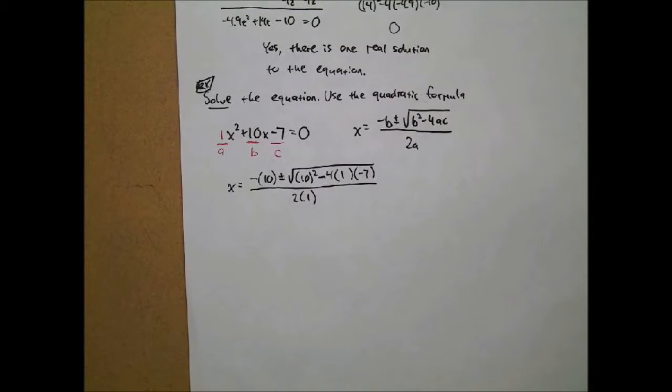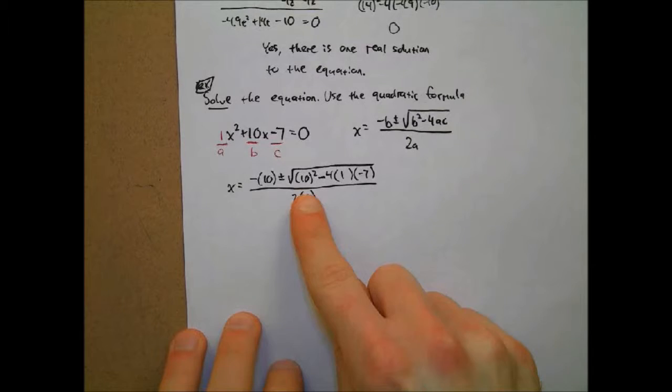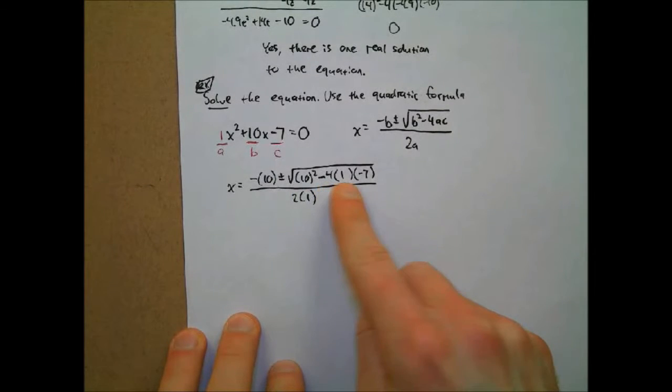That looks like a mess to simplify, doesn't it? Do you recognize the discriminant in here? There it is, b squared minus 4ac, right in there.